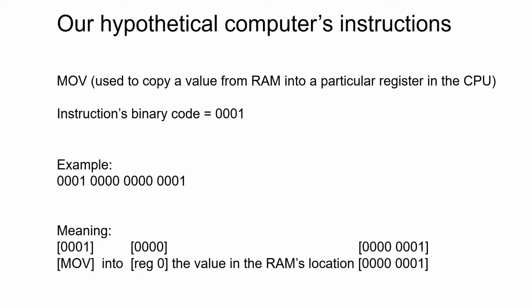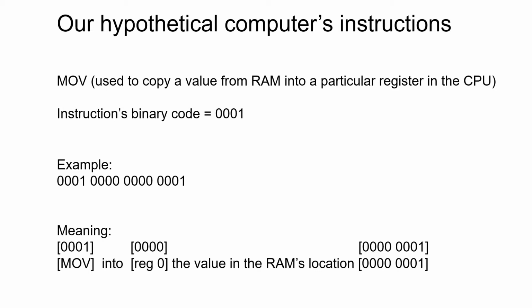Move into register 0, whatever is in the RAM's location 0000001. So in other words, this instruction would take whatever is in the RAM's location 0000001, or simply 1, and move it into register 0.